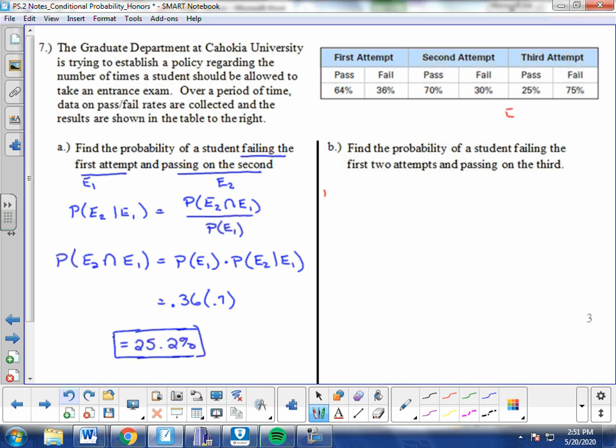Event 1 is going to be failing the first try. Event 2, in this case, is going to be failing the second try. And event 3 is going to be not failing the third try, but passing the third try.